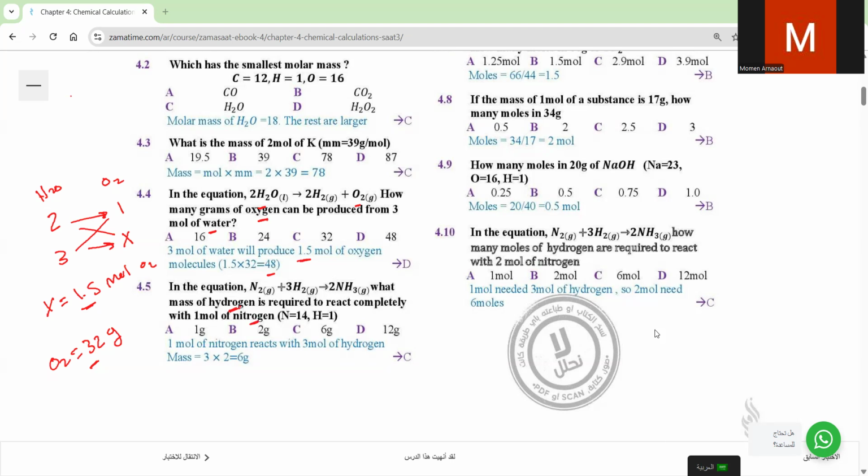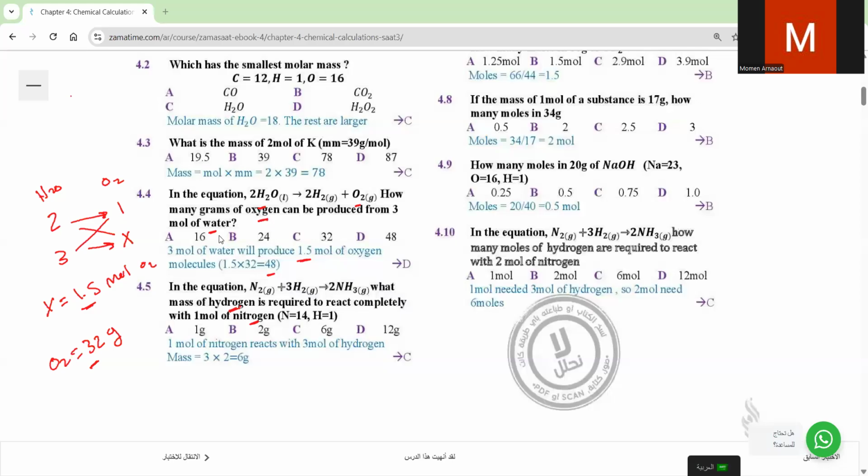With 1 mole of nitrogen. The 2 substances are hydrogen and nitrogen. Here, every 3 hydrogen need 1 nitrogen.